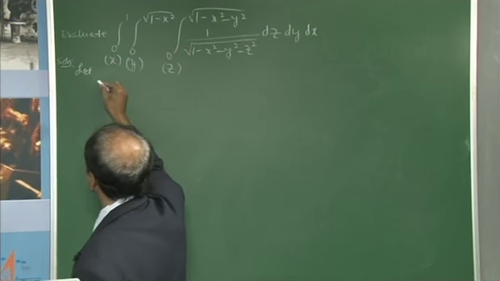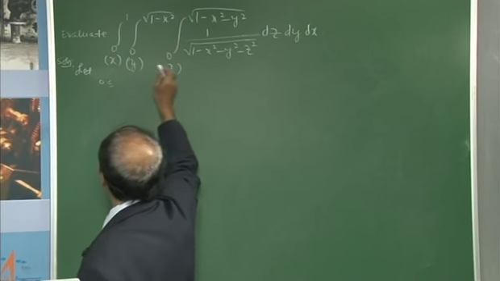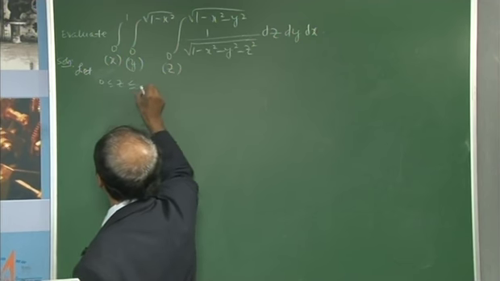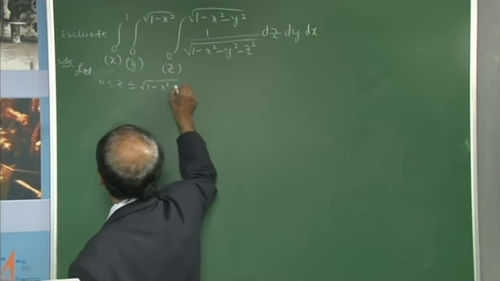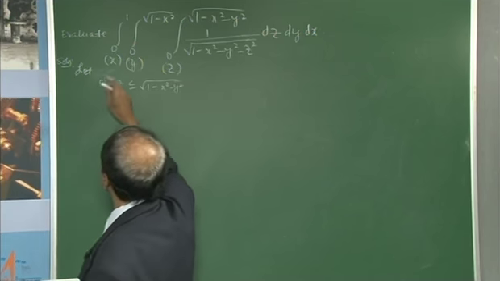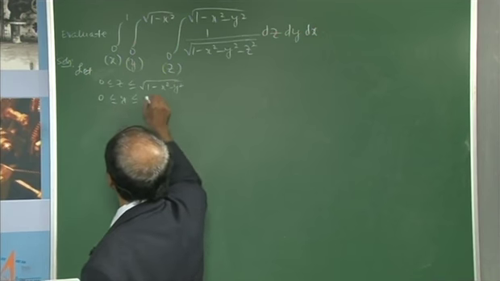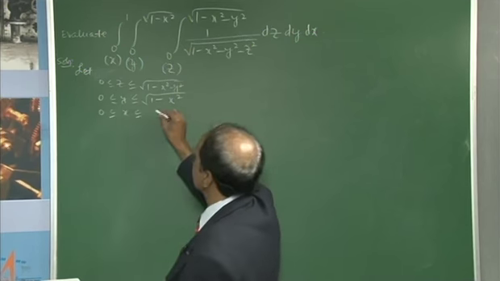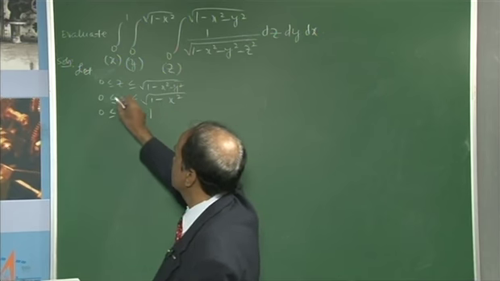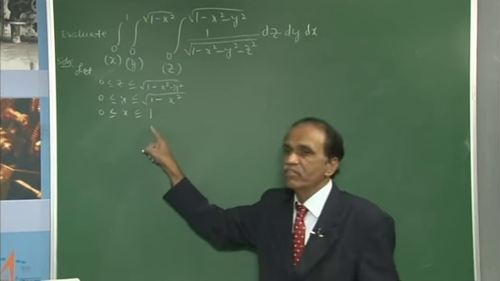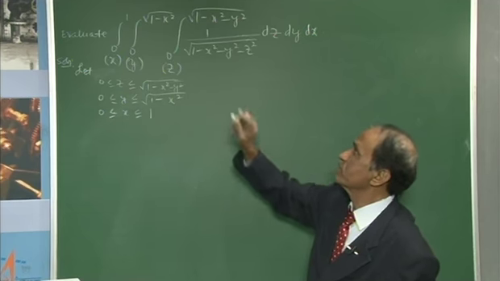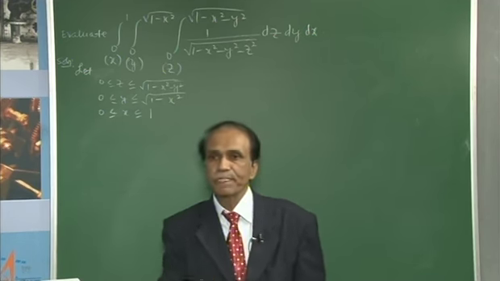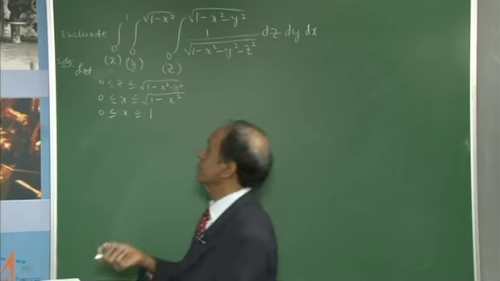You can represent 0 less than or equal to z less than or equal to root of 1 minus x square minus y square, and for the middle integral 0 less than or equal to y less than or equal to root of 1 minus x square, and for the outermost integral x between 0 and 1. This is the order you have to consider by means of inequality like this, and by direct representation of the limits as lower limit and upper limit, it will go like this.